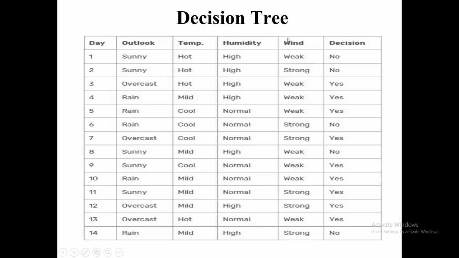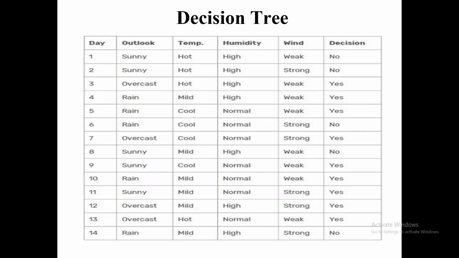these 4 attributes. As we already know, in order to learn the decision tree, we'll have to find out the best attribute which we will be using as the root node of the decision tree. In order to do that, we'll have to find out the information gain of the decision with respect to each of the attributes that we have in the training dataset.